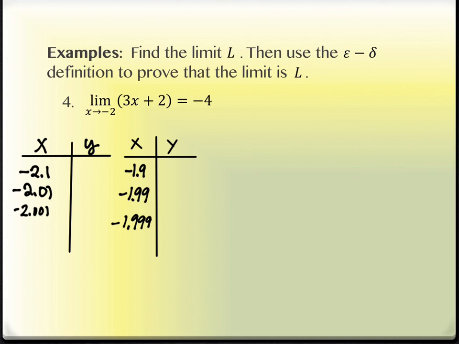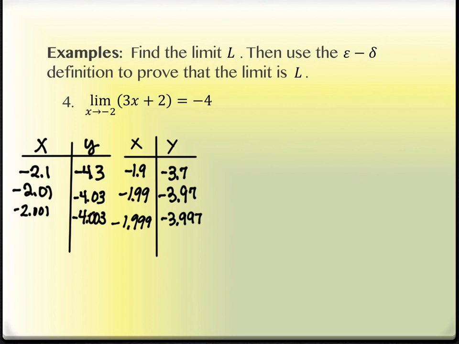And we can see in the table that this creates -4.3, -4.03, and -4.003. And on the flip side, I have -3.7, -3.97, and -3.997. Do yours look like that as well?